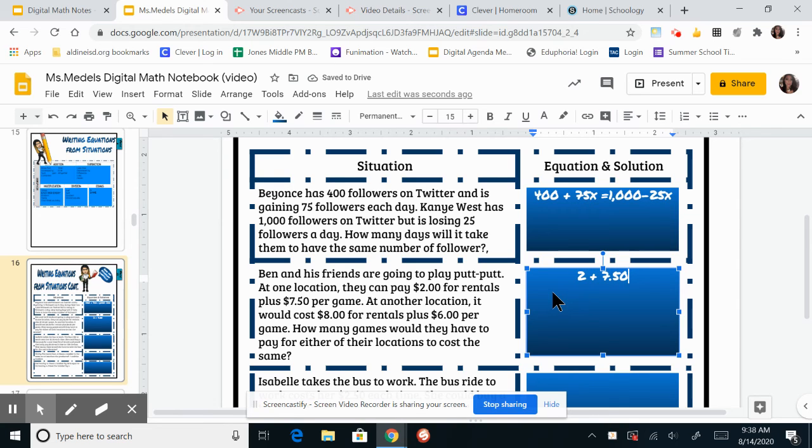There goes that keyword. Remember, per, each, every, anytime I see that, that is where my X is going. Okay, and that is going to equal the same thing as the other location, which for them costs $8 for rentals, plus $6 per game. Again, that keyword per tells me that is where my X is going.